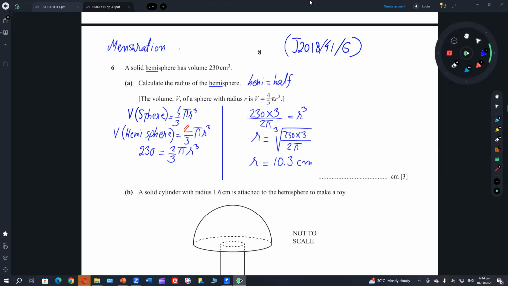What are you getting inside the root? Wait one second, let me do it one more time.